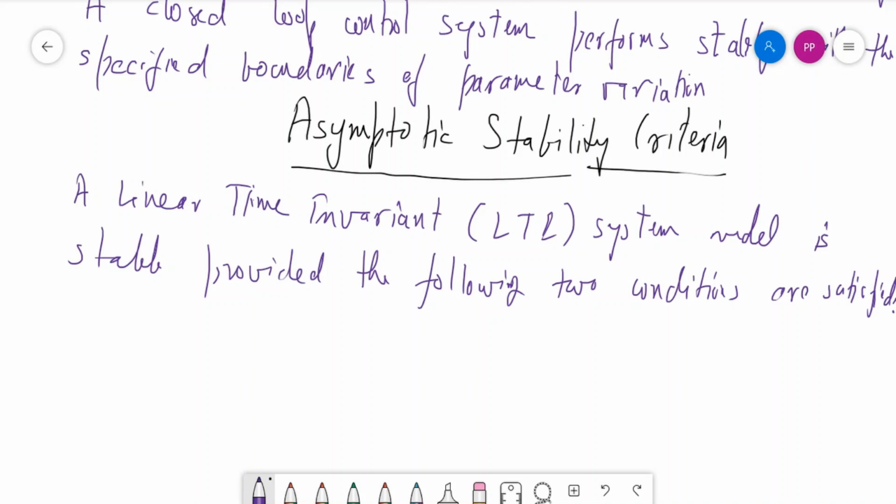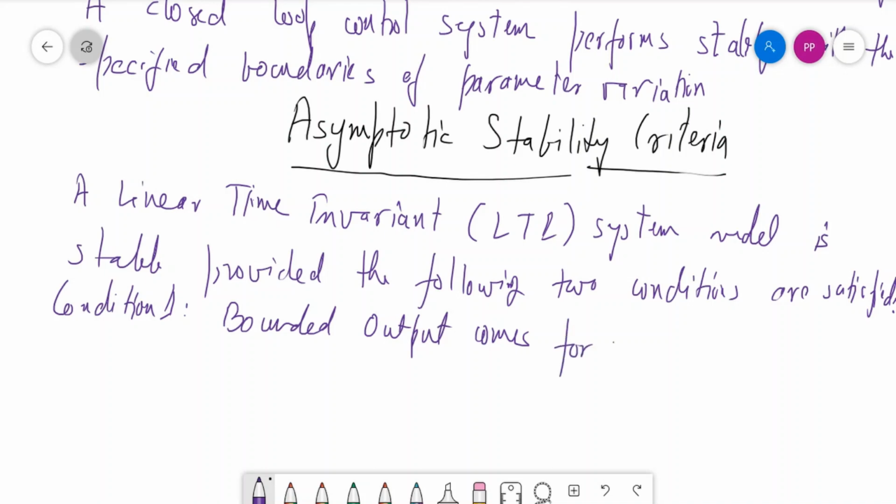So let us write it in statements. The condition one is that bounded output comes for every bounded input to the system.